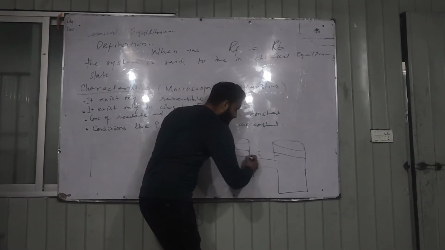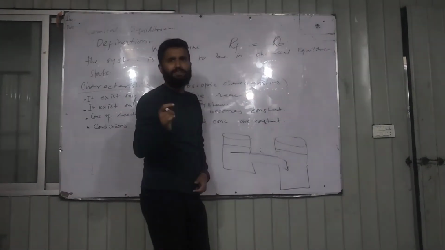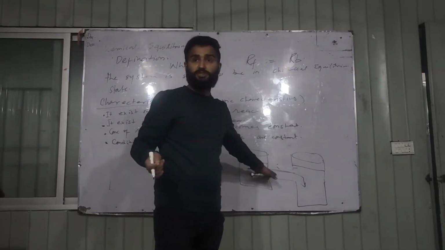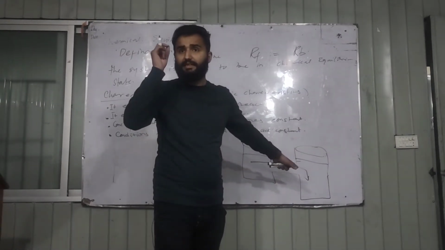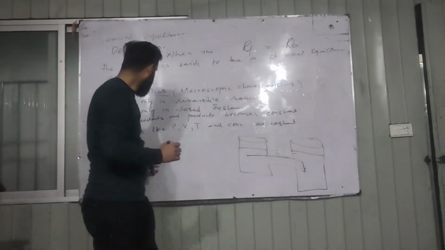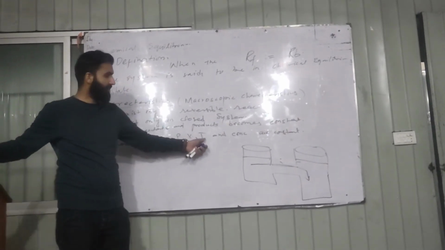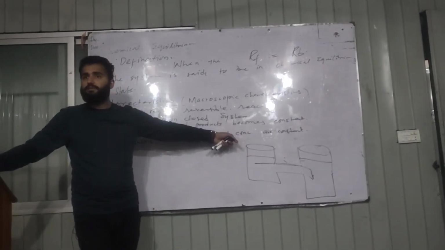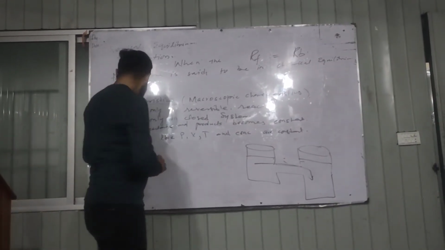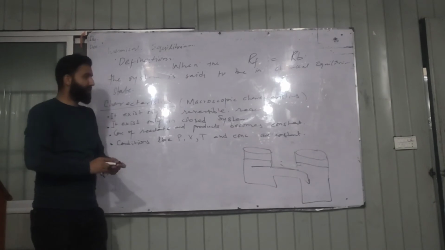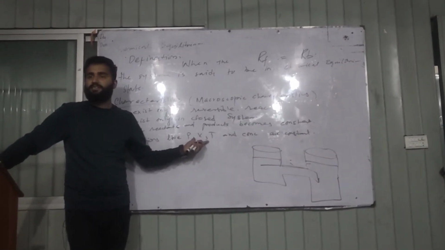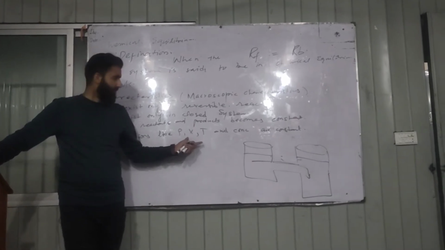The equilibrium has been disturbed. So it is a very clear point that pressure, volume, temperature and concentration are kept constant. These are also known as conditions for chemical equilibrium.